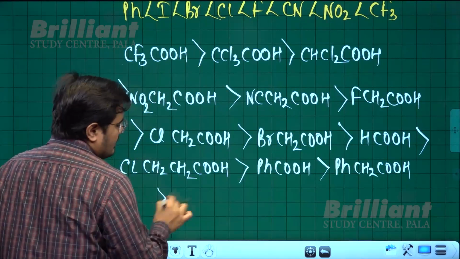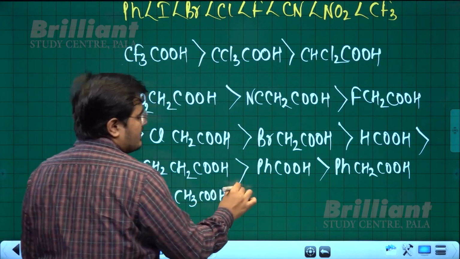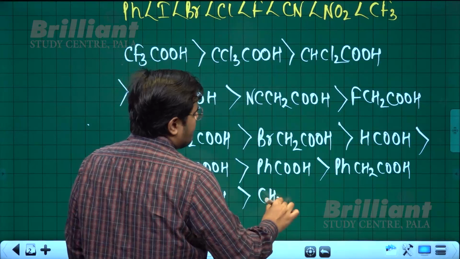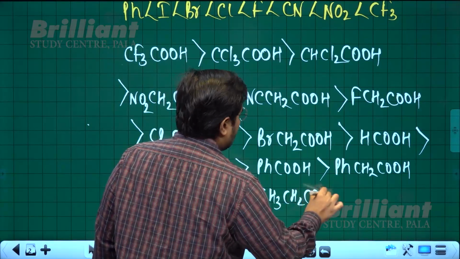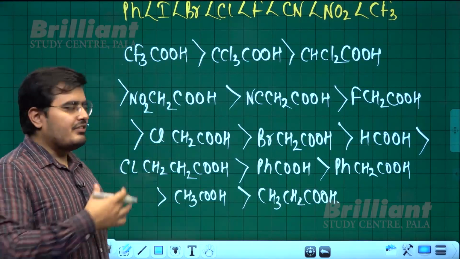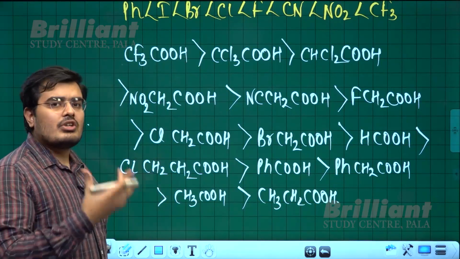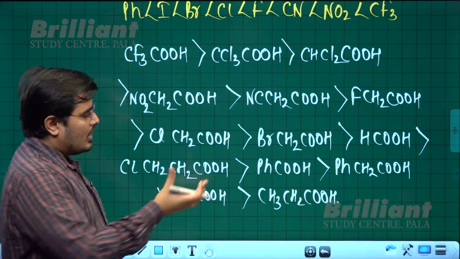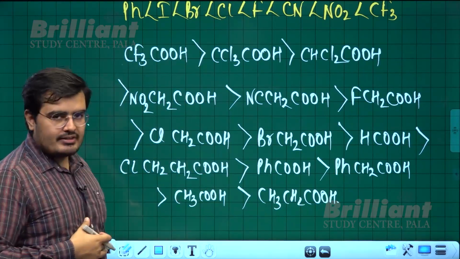This will be more than CH3COOH, and which is going to be more than CH3CH2COOH. So this is the overall order of different carboxylic acids which are given in your NCERT, which you have to understand. Now I will give you some idea for comparison, like how to compare this.